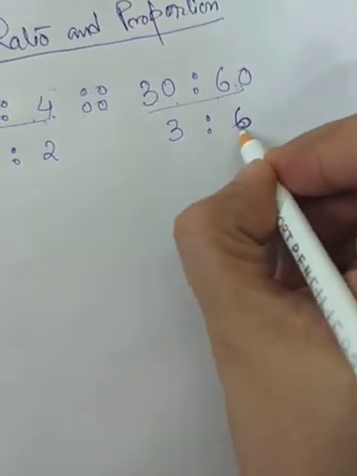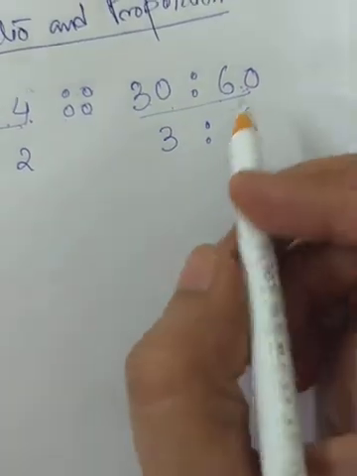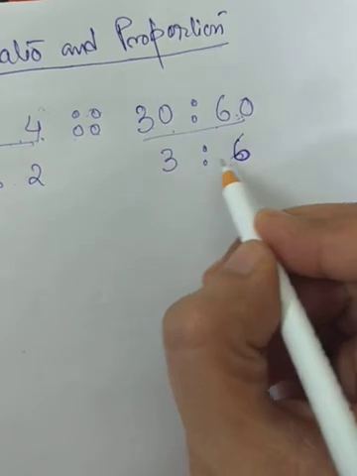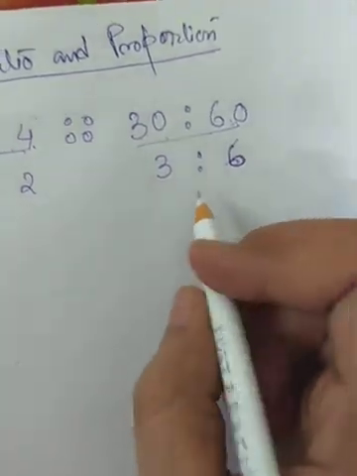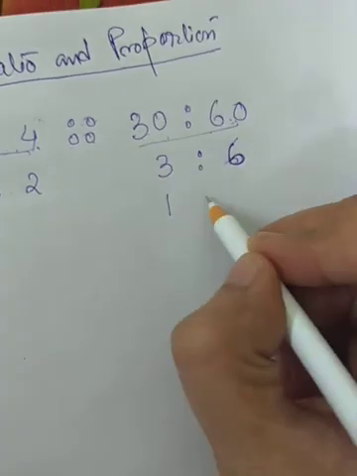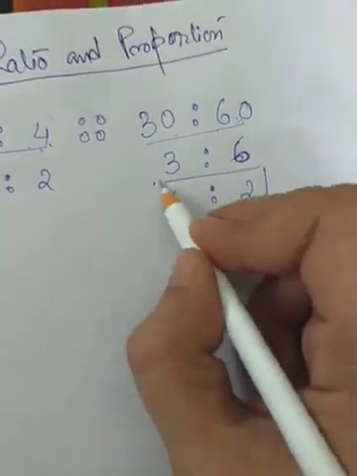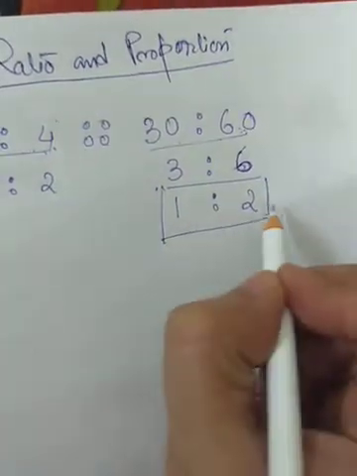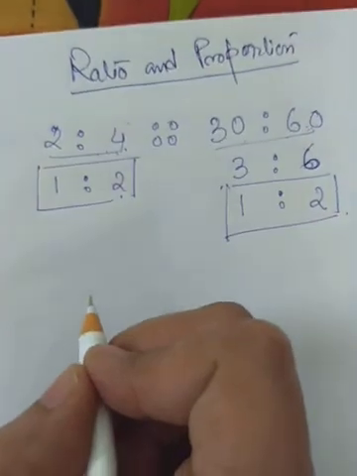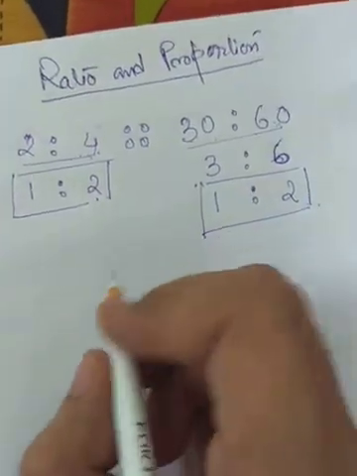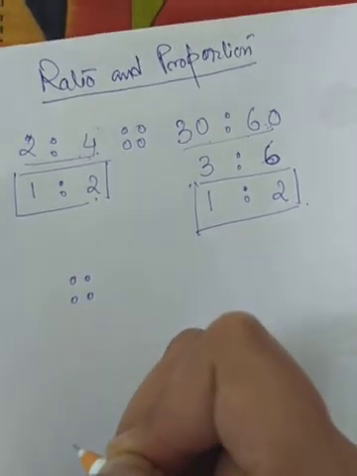Further, if we try to cancel, we will see that 3 and 6 both come in the table of 3 again. 3 1s are 3 and 3 2s are 6. Now see, here also I got 1 is to 2, and here also 1 is to 2. So it can be said that these two are in proportion, and the sign of proportion is this.